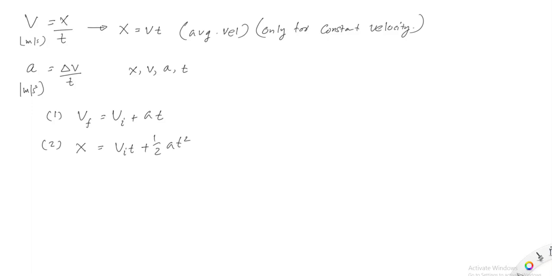The second equation says the distance traveled is equal to the initial velocity times time plus the second term, half times acceleration times t squared. Third one, velocity final squared equals v initial squared plus 2 times a times distance.